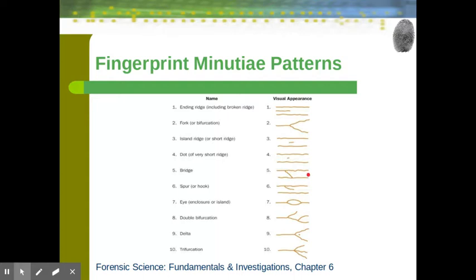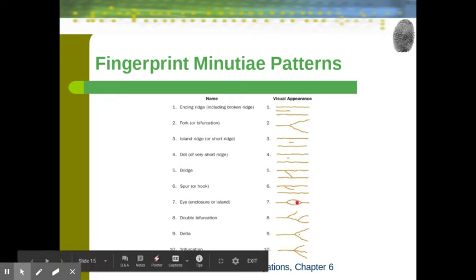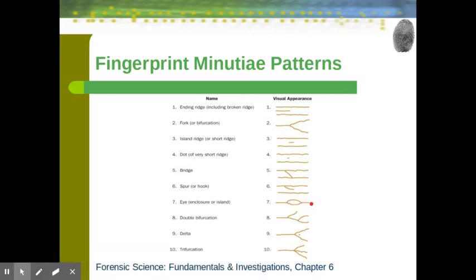When you have two ridges running and one cuts across like this, we can call that a bridge. And this is not a bridge because it doesn't connect. So it could be a spur or a hook, we might call it. This could be called an eye, although you'll see a lot of times it's called an enclosure or an island.